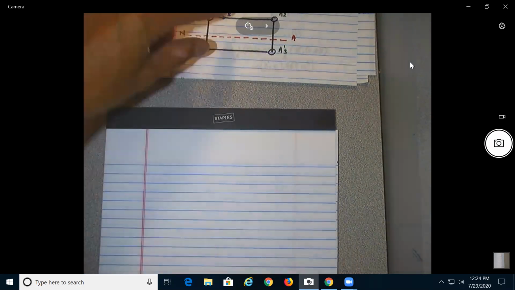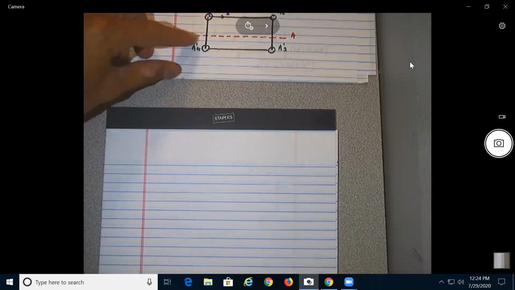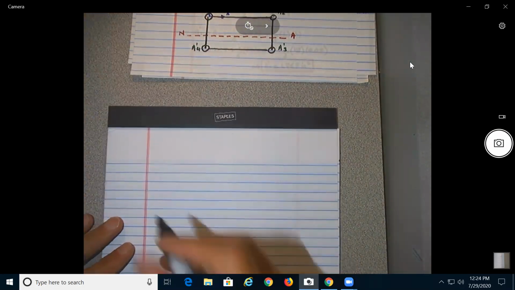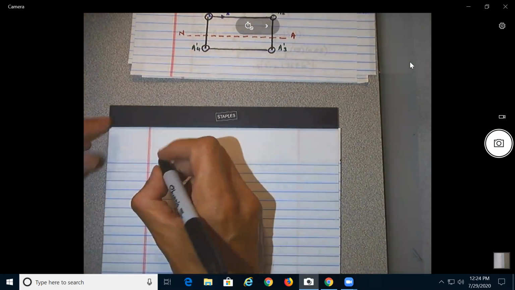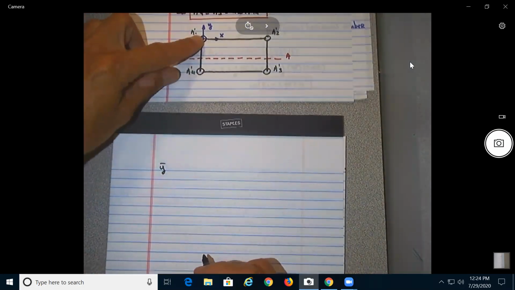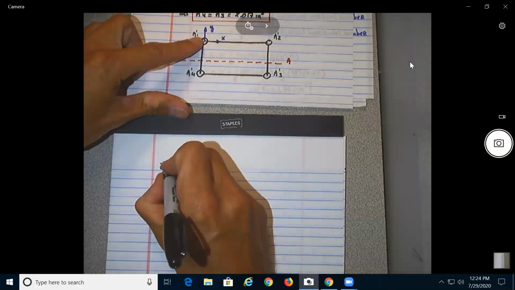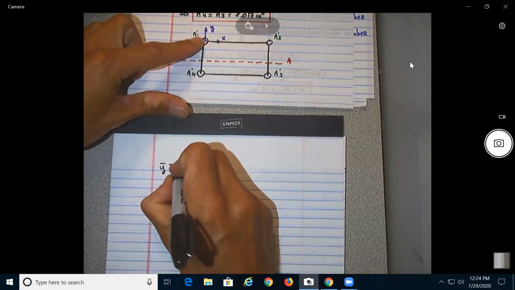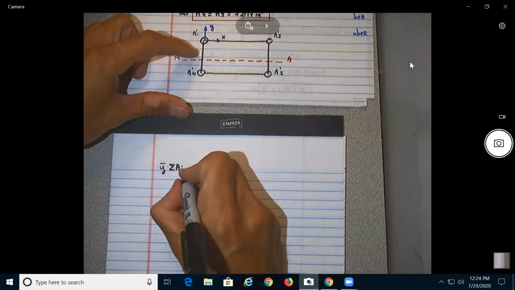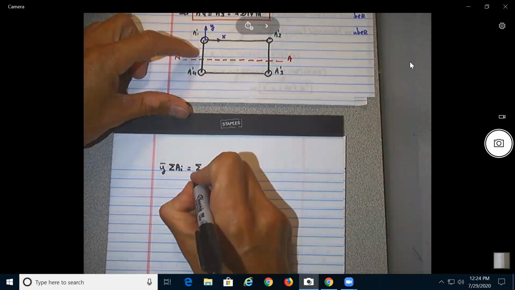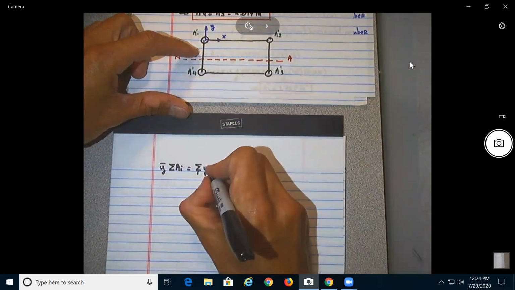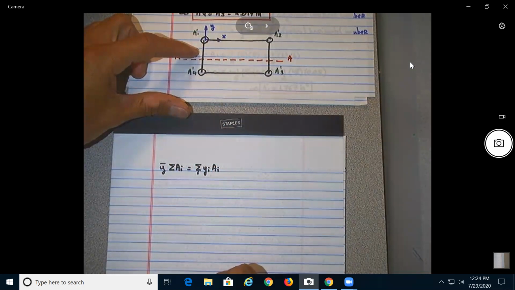Obviously the most important part is to find the Y location of the neutral axis. The location of the neutral axis from this point, created by all the masses, that distance needs to be equal to the summation of the distance to each one of the masses times each mass.